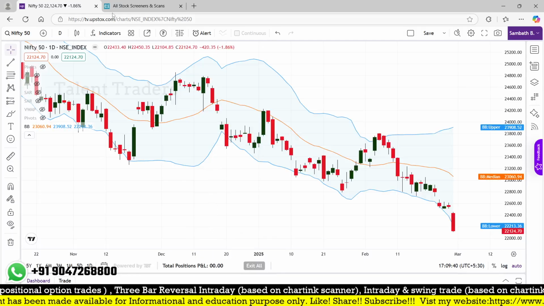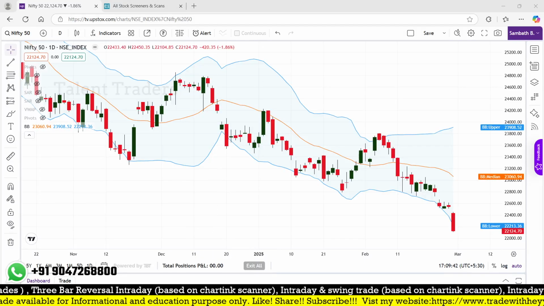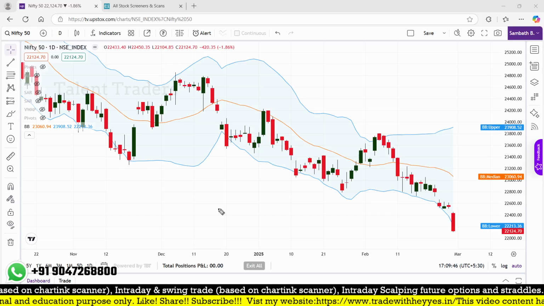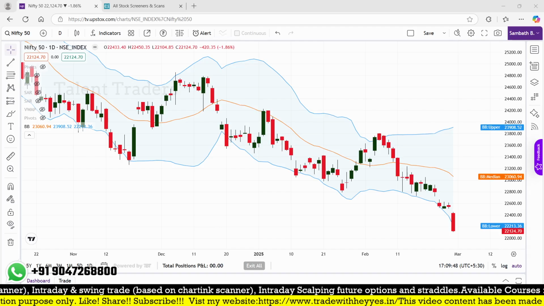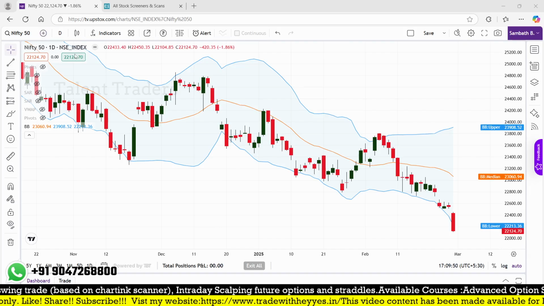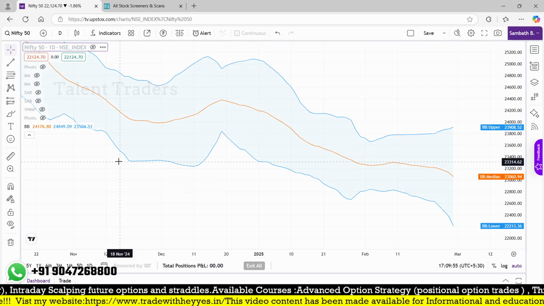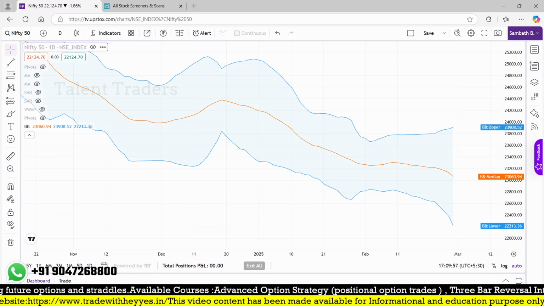So how do we find the reversal on the upper Bollinger Band, based on the scanner we created? It is an inverted hammer or shooting star kind of pattern, but we fix the exact level of the stock at the top.